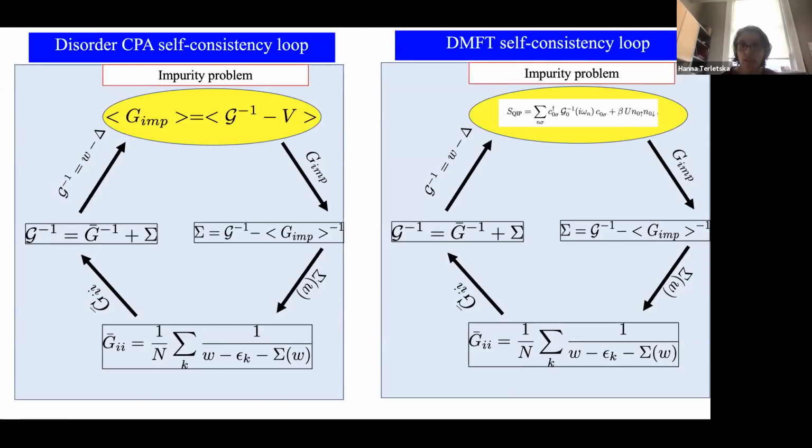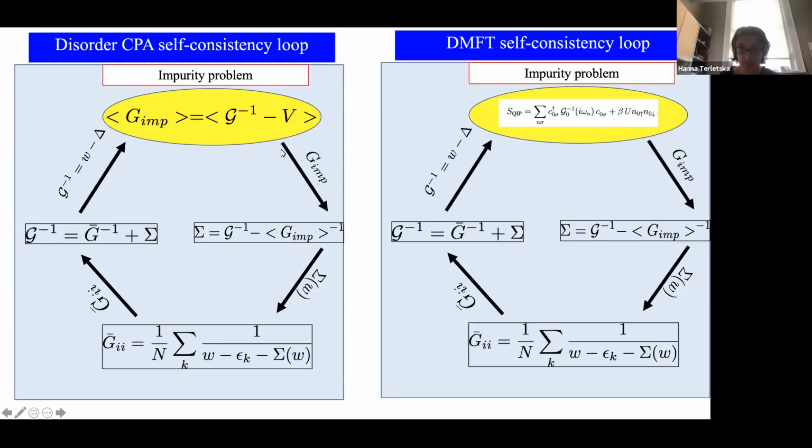I also want to point out this slide, where I want to point out the similarities between the DMFT self-consistency equations and the CPA equations for disordered systems. This goes back to several weeks ago, to the presentation where we discussed CPA. But basically, as you can see from the slide, solving CPA for a non-interacting system is very similar to solving DMFT for an interacting system.